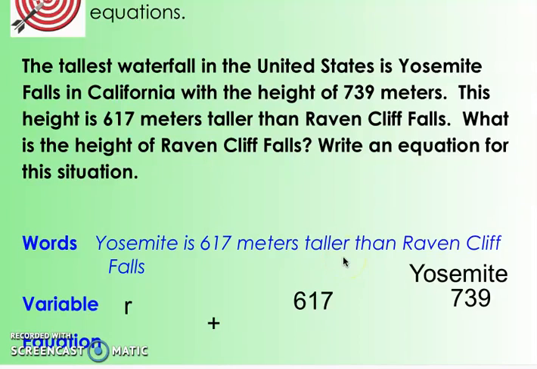Now, if I look at this, the 617, what does that represent? Well, this is how much more the height is in meters, how much taller than Ravencliff. So here we have R for Ravencliff. Taller, and we decided that means we're adding.